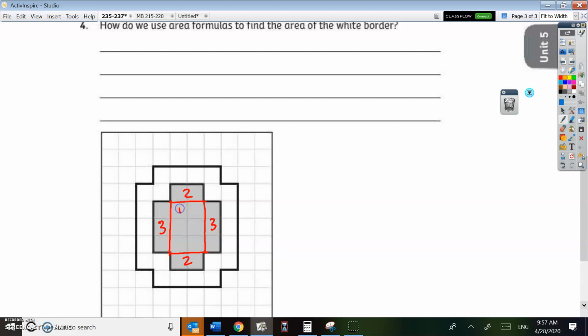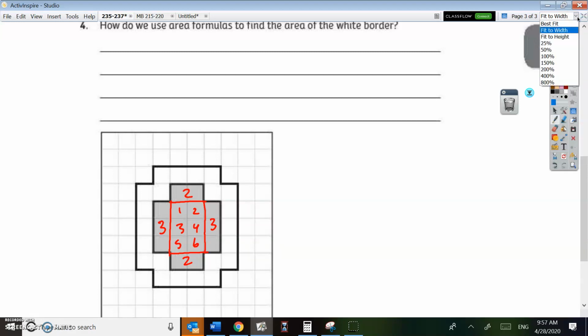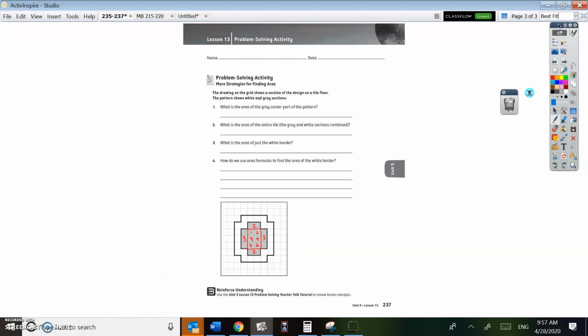So we know that this has an area of 3, this has 3, this has 2, this has 2. And then this has 1, 2, 3, 4, 5, 6. 6 plus 2 is 8, plus 2 is 10, plus 3 is 13, plus 3 is 16. So 16 units squared.